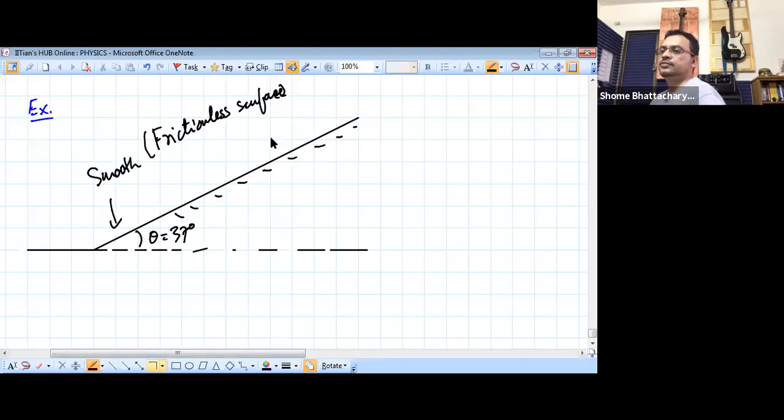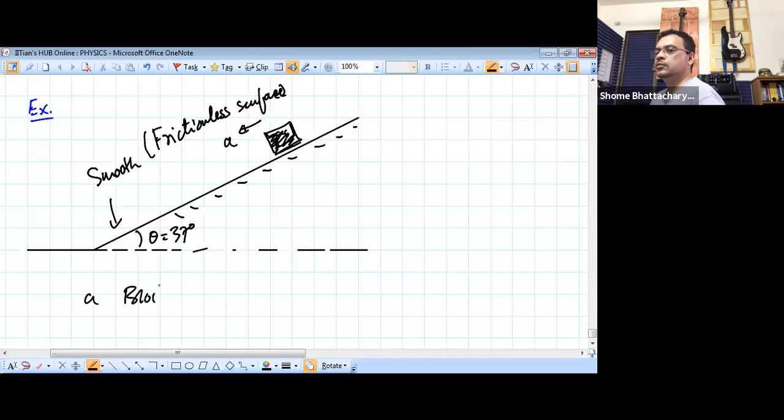Now on this we have a block like this. So the moment we release the block, it starts sliding down the inclined plane with some acceleration. Friction will be taken into account much later. In the first part of the chapter, we will only be considering smooth surface.